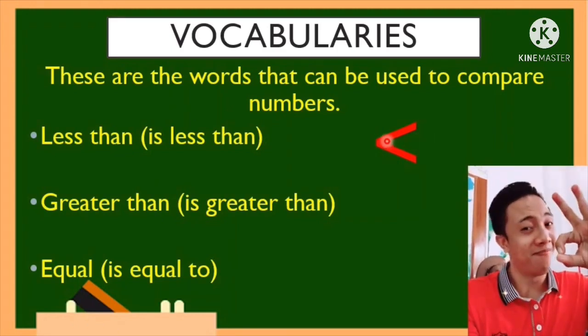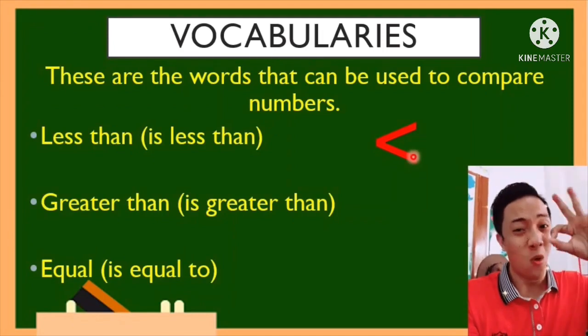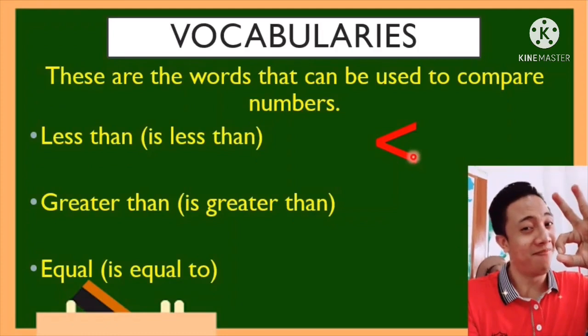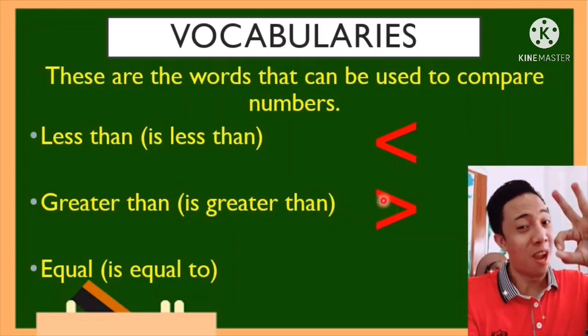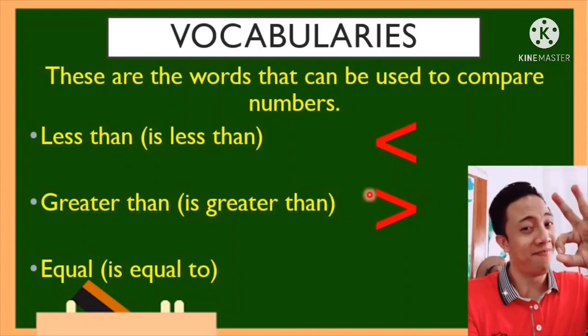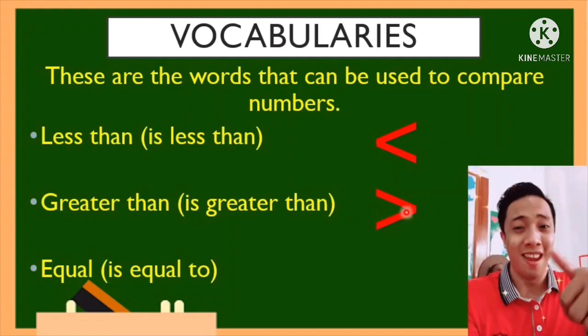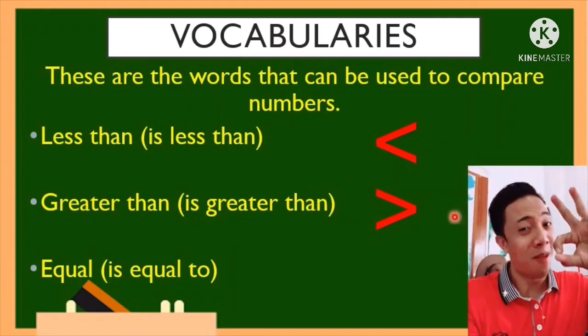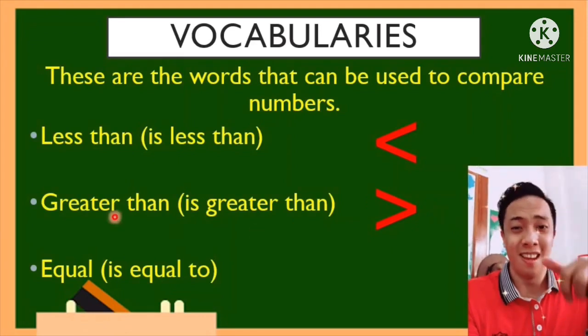That is for less than. For greater than, we have from open to close. Or big to small. Alright? You must know the difference between those two.